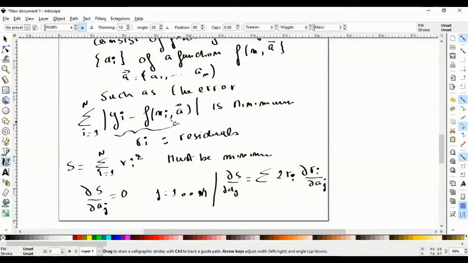And because ri is yi minus f of xi, this is the sum of 2 ri times minus df of xi over daj.